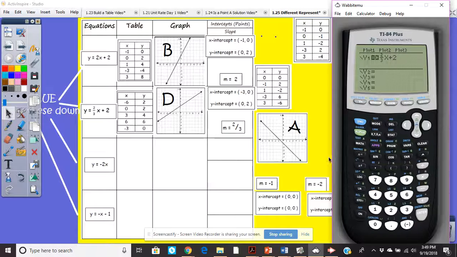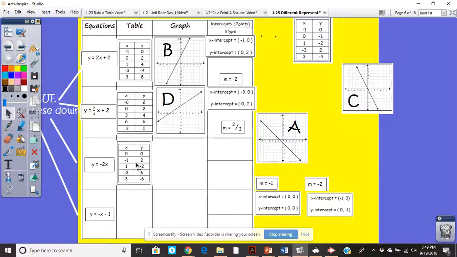All right, my next equation is -2x. So -2x. And then let's look at our table. So here I've got a 0, 0. Well, this is the only table that has those points listed. Now, I also know that I'm dealing with a negative slope here. And the other thing I notice is there is no y-intercept.